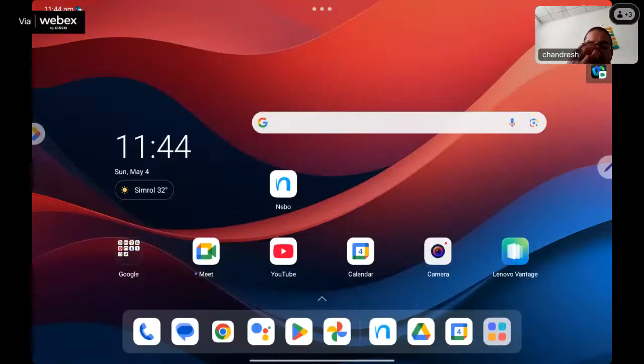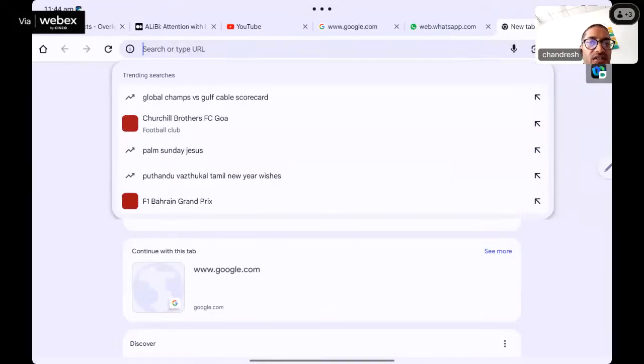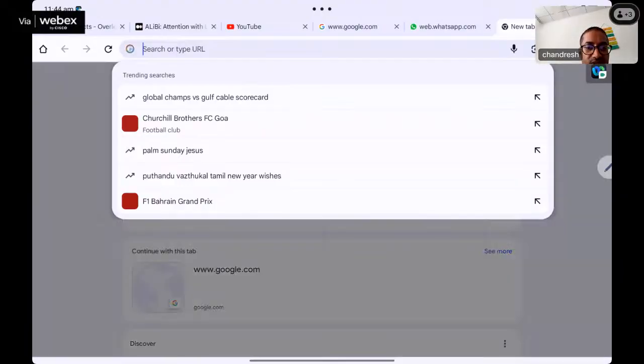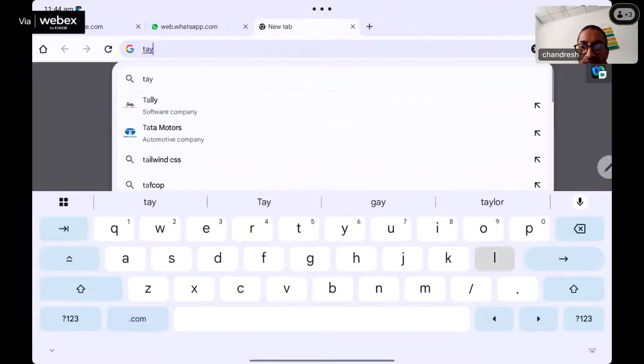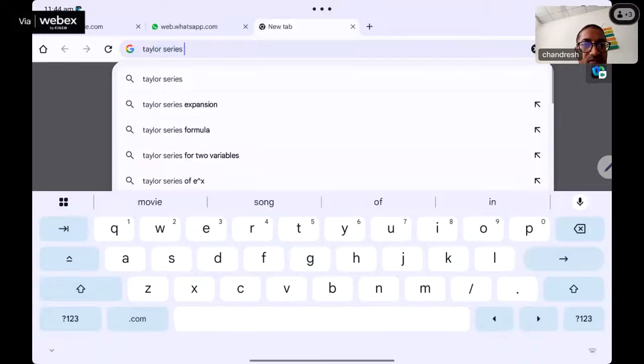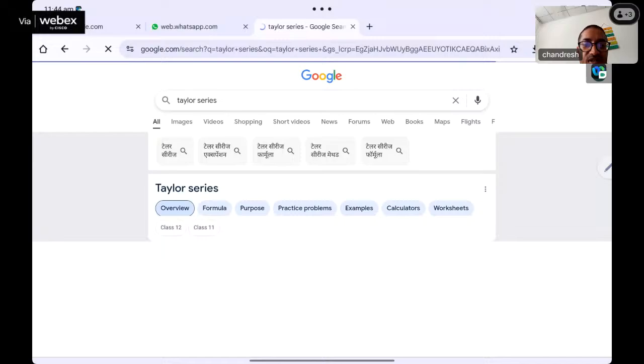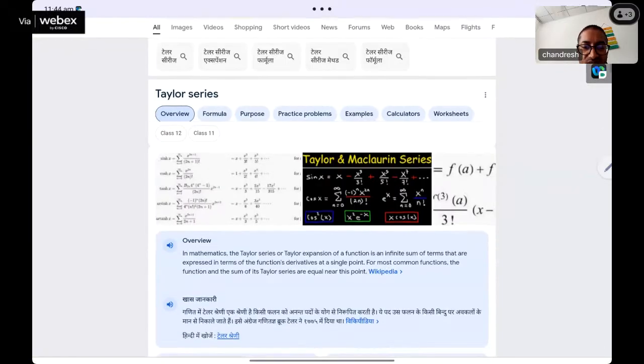Let us see the Taylor series approximation. Just go to Wikipedia and refresh your memory.